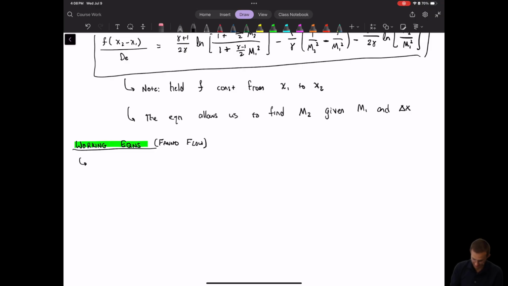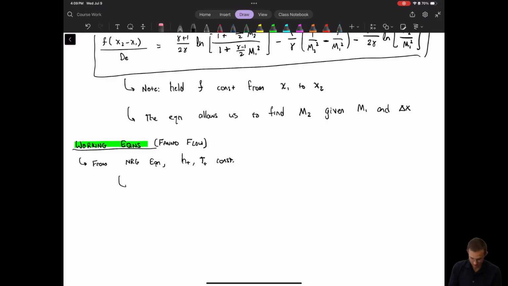Okay, so from the energy equation, we know that HT and TT are constant, right? And that's like we said before, because there's no heat transfer or work being done.